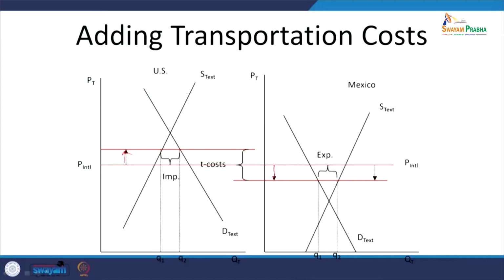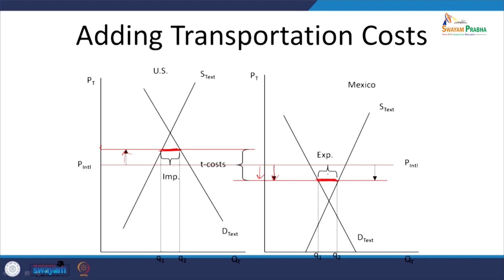Initially we say that if transportation cost is borne by the buyers, prices will actually rise. Whereas since the sellers also bear the cost, prices will fall. Now, fewer products are actually demanded, so fewer products will be supplied by Mexico to US.